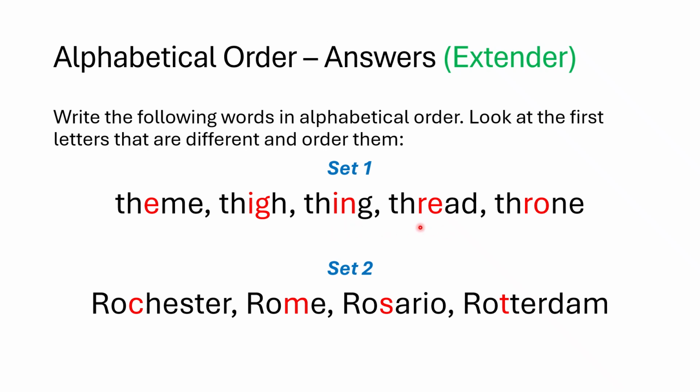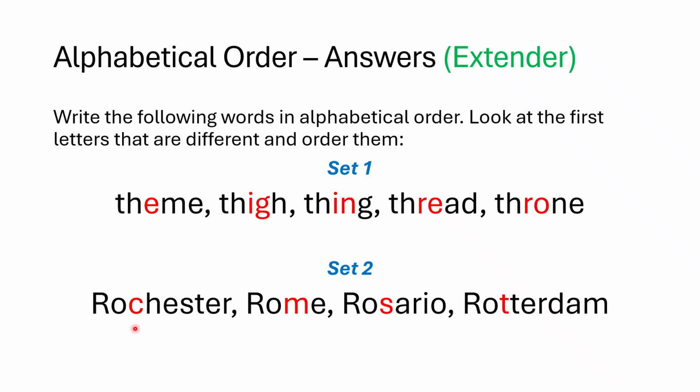The third letter in thread is R, so thread comes after thing. R comes after I. The third letter in throne is also R, so we look at the fourth letter. The fourth letter in thread is E, and the fourth letter in throne is O. E comes before O.